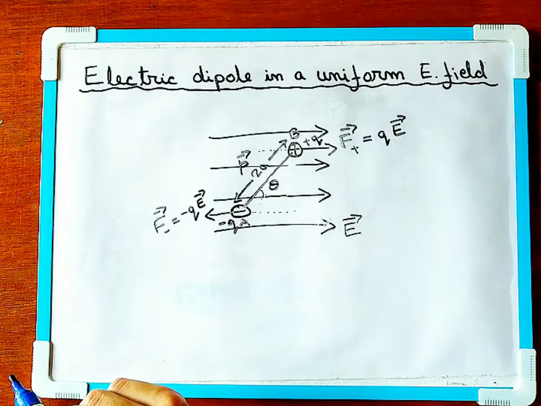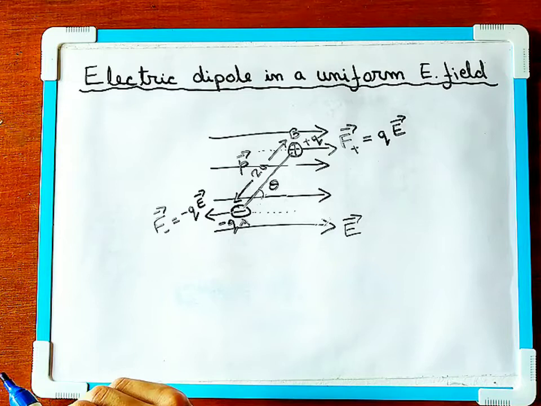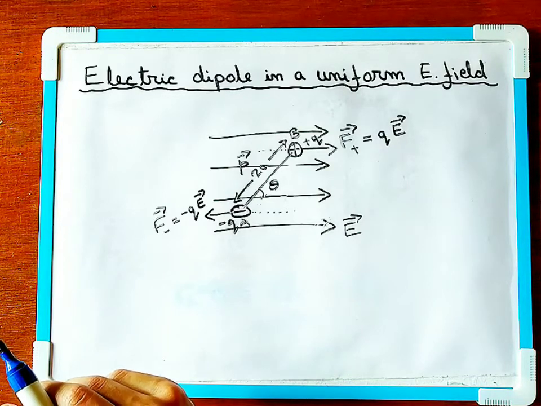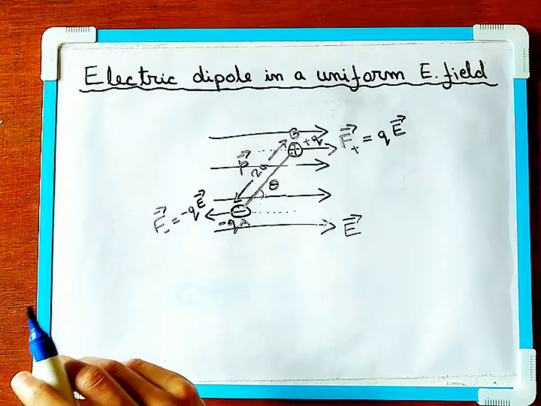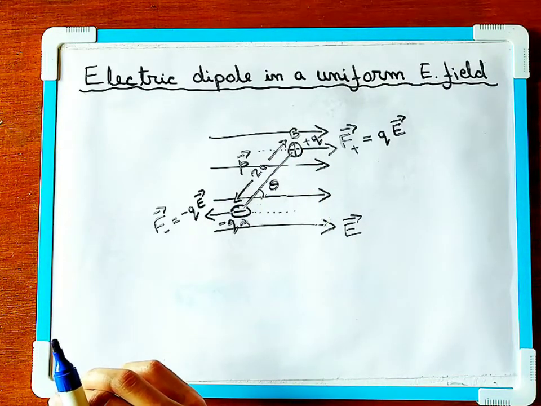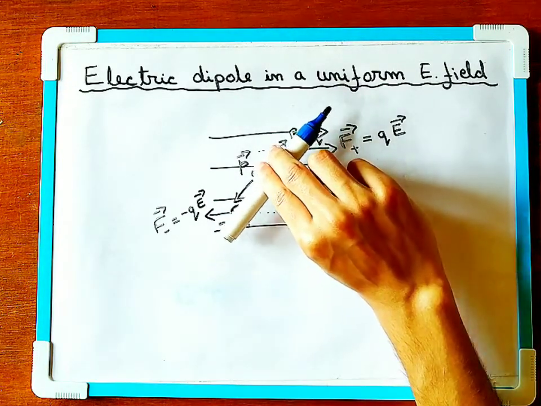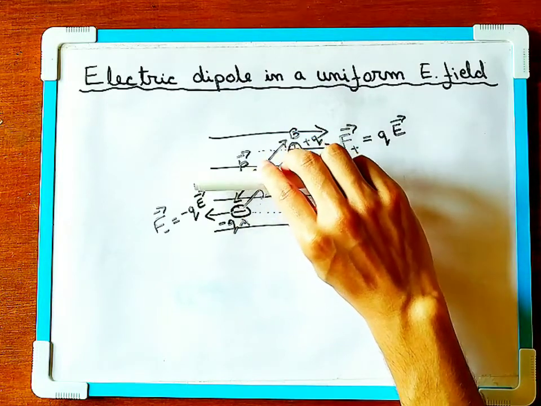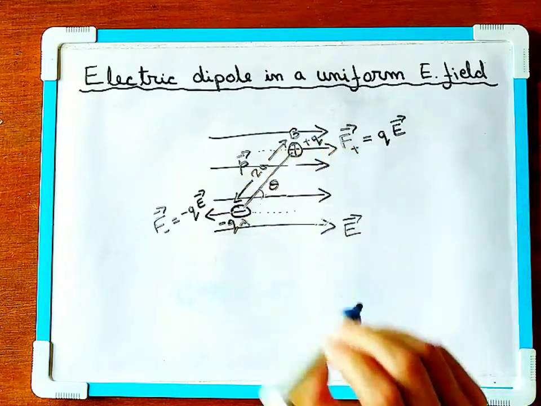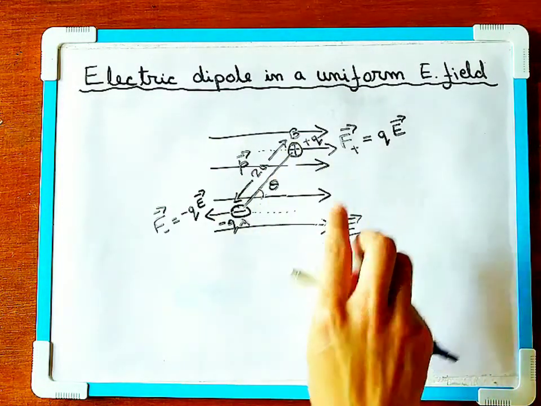Two forces which are equal in magnitude and opposite in direction, and which are acting along different lines of action, will constitute a torque, and this torque will tend to align this electric dipole in the direction of the electric field. So if this dipole is placed in this position, it will experience a torque and it will be aligned in the direction of the field or along the field. So that torque will try to align this electric dipole in the direction of the electric field.